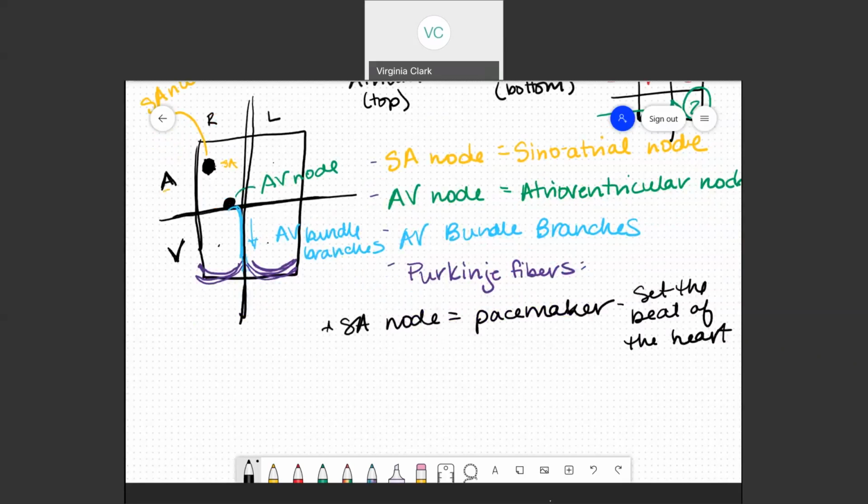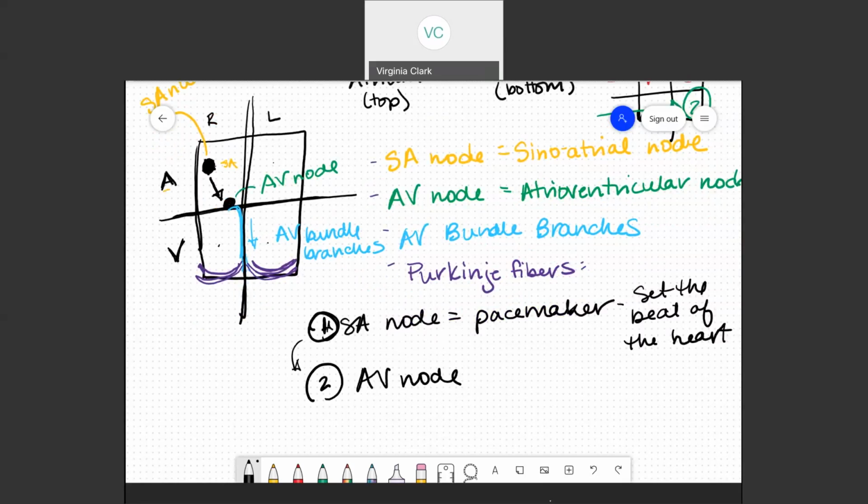So that's step 1. Step 2 is going to be your communication traveling down from your SA node to your AV node. So your pacemaker, your SA node, is going to set the heart rate. Communication will travel from him to your AV node.